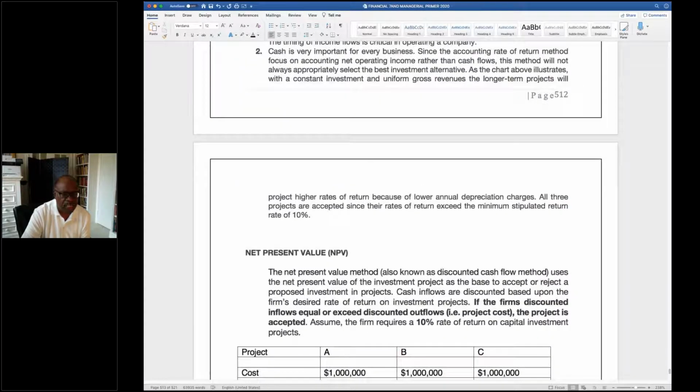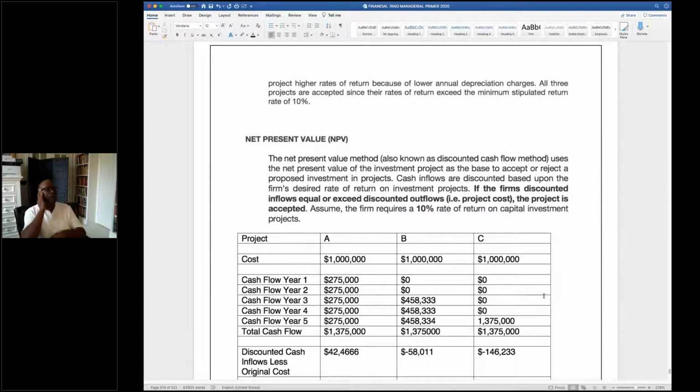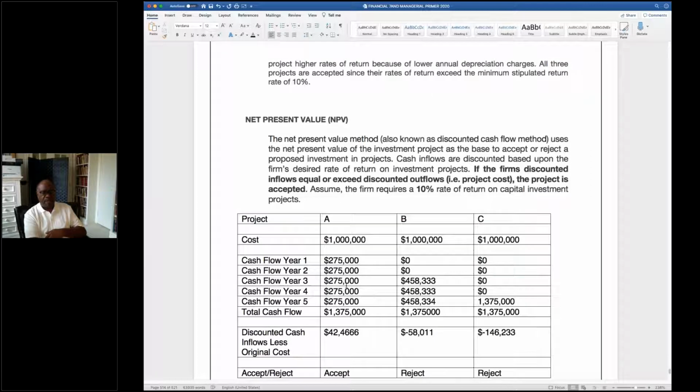Now let's go to a net present value focus. Same 3 projects, except we're going to take the present value of the cash flows. Once we take the present values, discounting, project A generates 42,000, so we'd accept it.